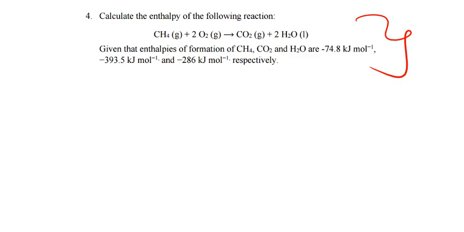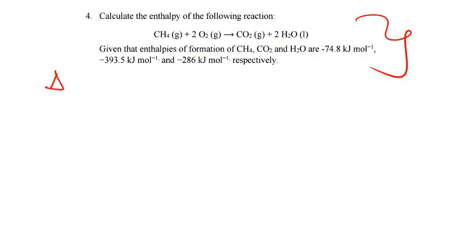Okay, so when you are told to calculate the enthalpy of the reaction, when they've given you the enthalpy of formations, what helps me remember the formula is what are formed, the products, right?